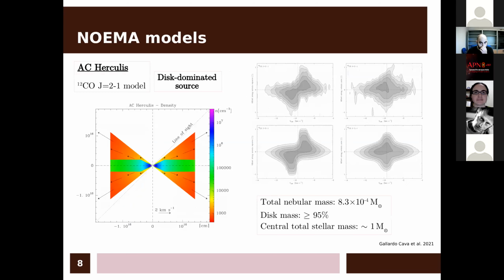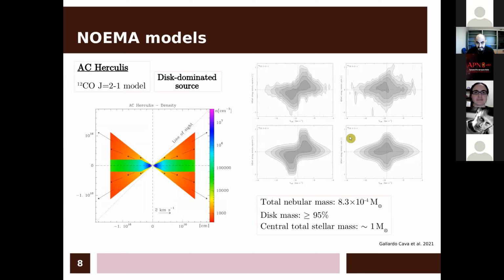This is our model for AC Herculis, the first source that I showed you in observational data. These are our synthetic PV diagrams, and I also show you the observational PV data to compare.